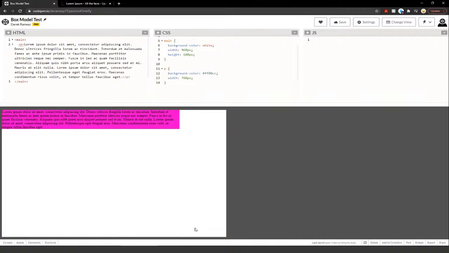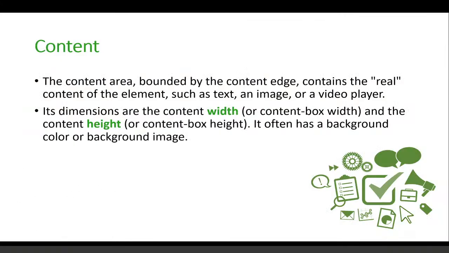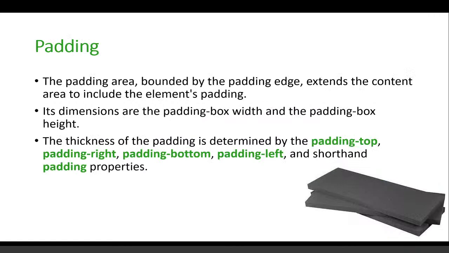So let's take a look at the next thing, which is going to be our padding, and see what we can do with this. Now padding is outside of the content box, but it's still inside of the box of the element.